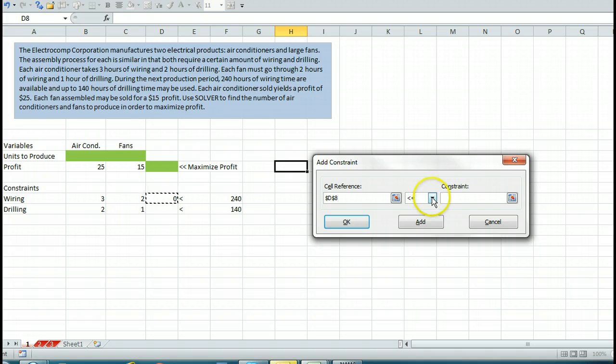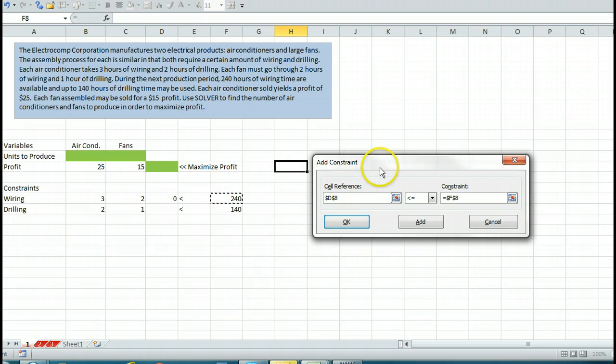That number needs to be less than or equal to this number here, 240. That's what goes in this cell, D8. So this cell needs to be less than or equal to the constraint amount, which is 240, and it happens to be in cell F8.